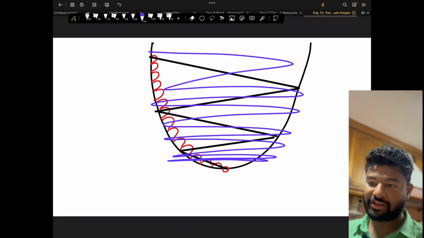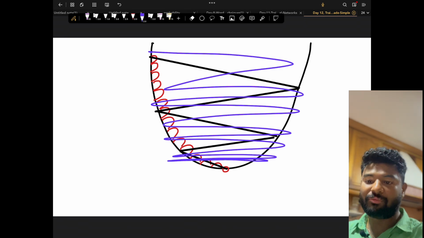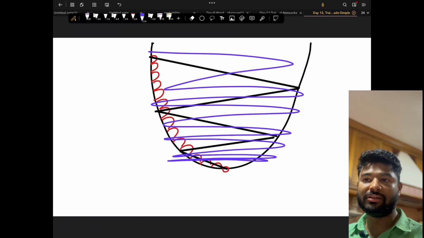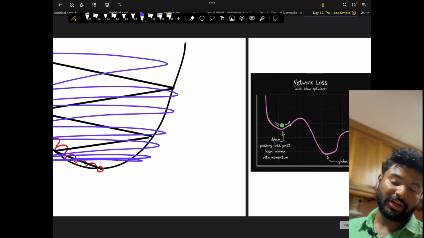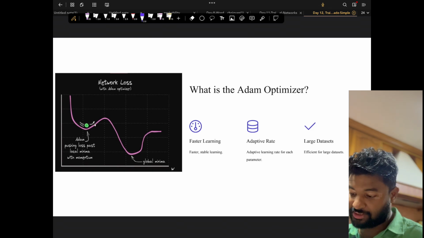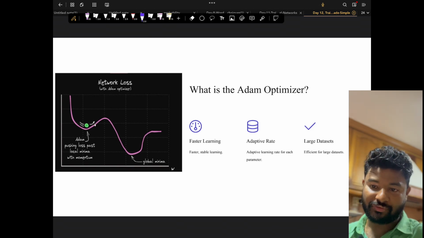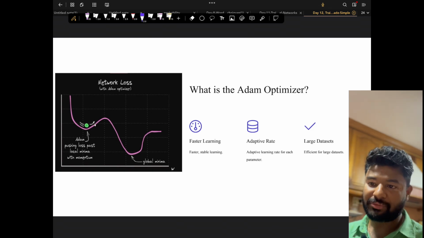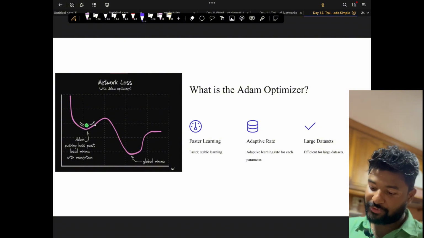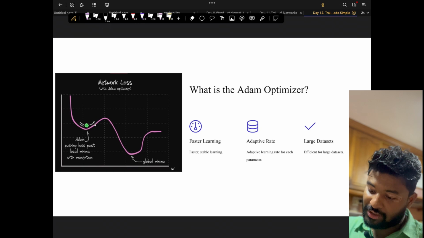Okay, so if you understand gradient descent, let me try to explain what is the issue in gradient descent and why we have to go ahead and try to find an optimizer model like Adam. Okay, so Adam technically is an abbreviation of adaptive moment estimation. Okay, in case, let's say for example you have something like this.